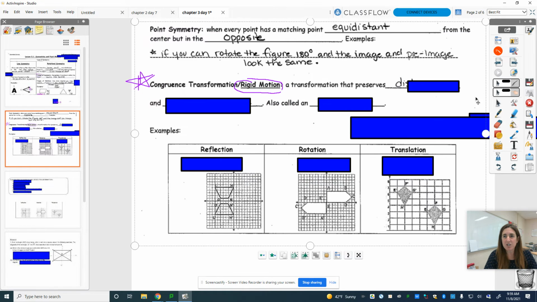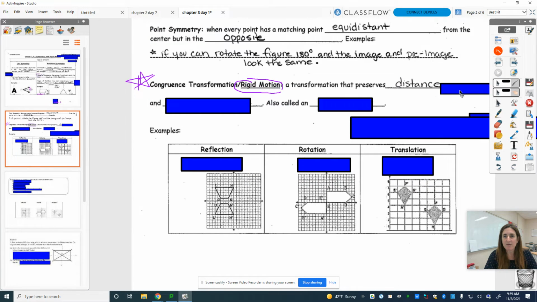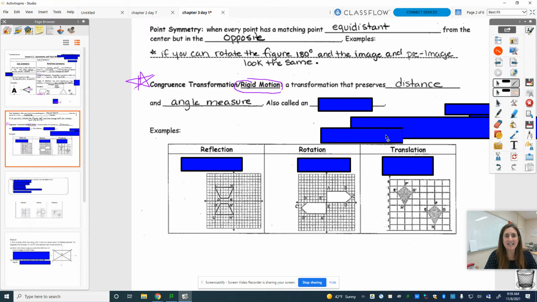A rigid motion is a transformation that preserves distance and angle measure. There might be questions that ask you, is this transformation a rigid motion? And you're going to say yes. A rigid motion preserves distance and angle measure. You're going to write that out exactly as it is, word for word.